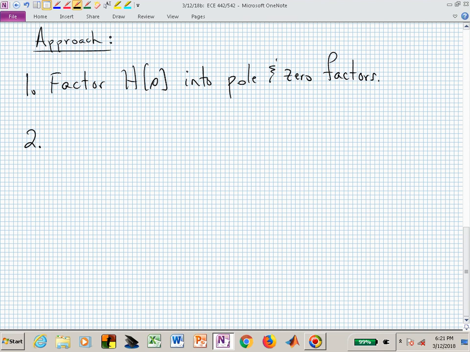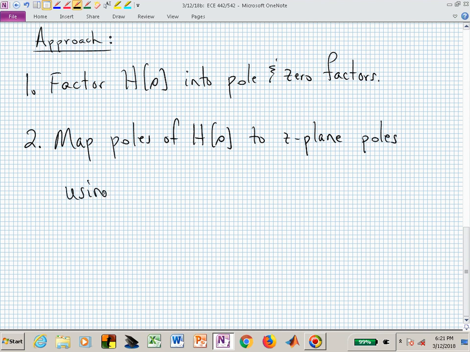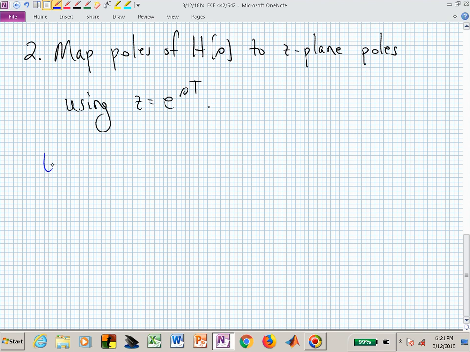So we could do it in either order, but here let's just say for step 2, let's map poles of H of S to z-plane poles using z is equal to e to the sT. Suppose we now had just a simple pole factor, S plus A, and it's in the denominator.